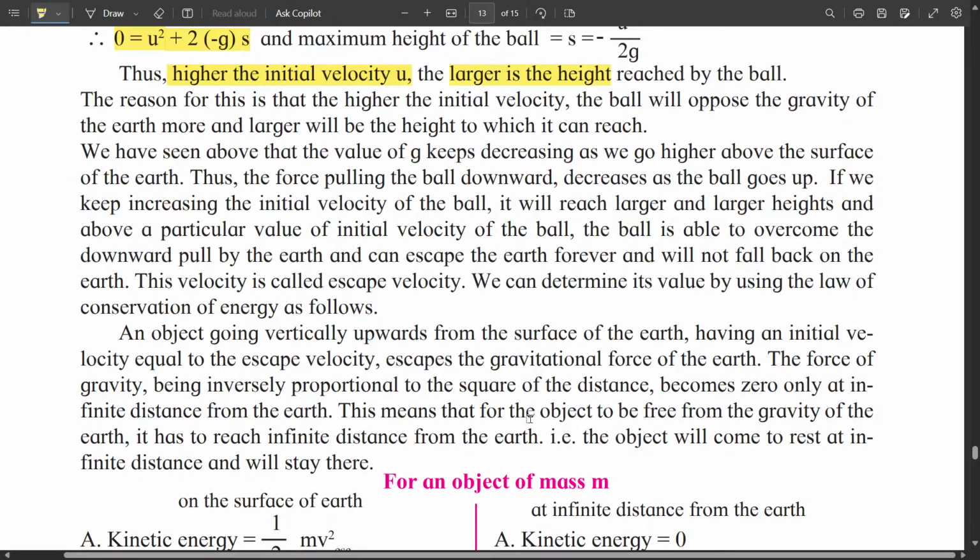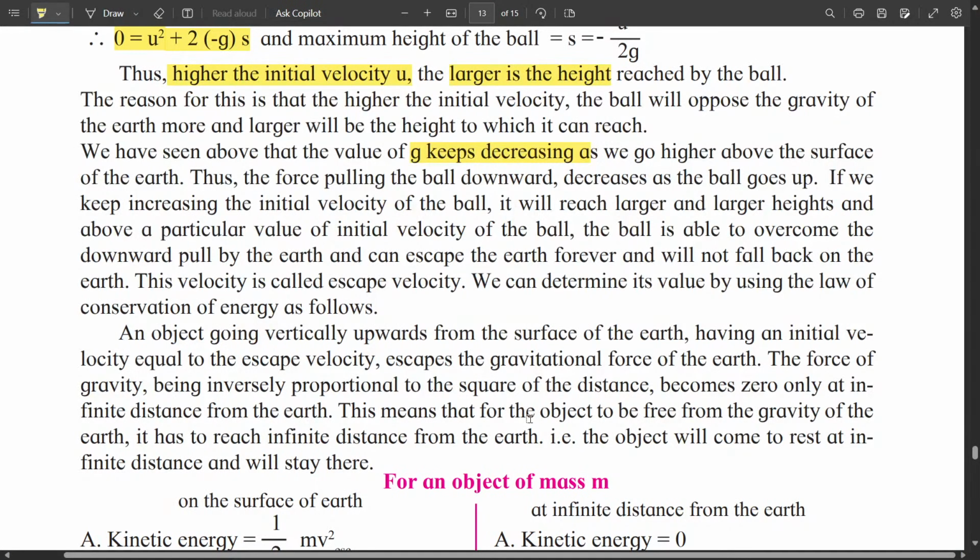Now when the height is small, it's okay, but if the height is large, then we know that the value of g will keep on decreasing as we go higher and higher. So the force pulling the ball downward will decrease as the ball goes higher and higher.